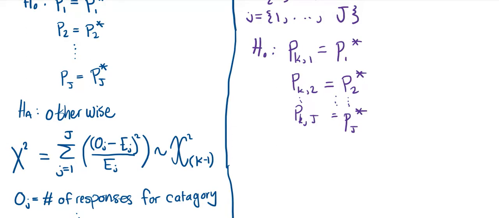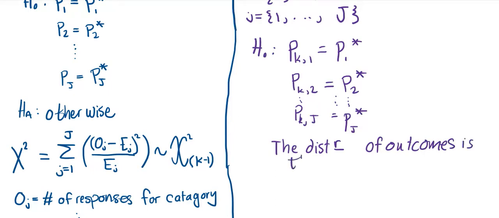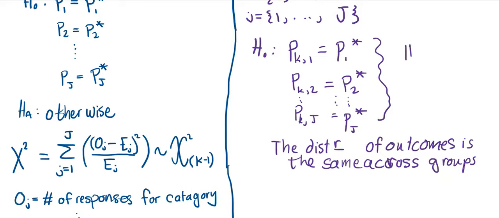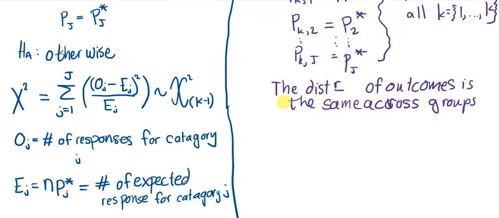Another way of thinking about this null hypothesis is that the distribution of outcomes is the same across groups. This relationship would hold for all lowercase k between 1 up to uppercase K. The alternative hypothesis is just otherwise: one of these is not equal.